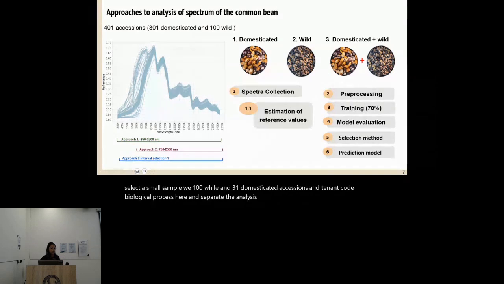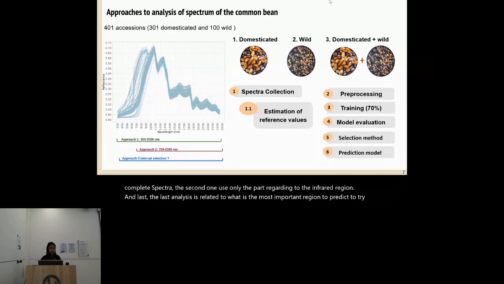The first, use the complete spectra. The second one, use only the part regarding the infrared region. And the last analysis is related to what is the most important region to try to predict the different components.